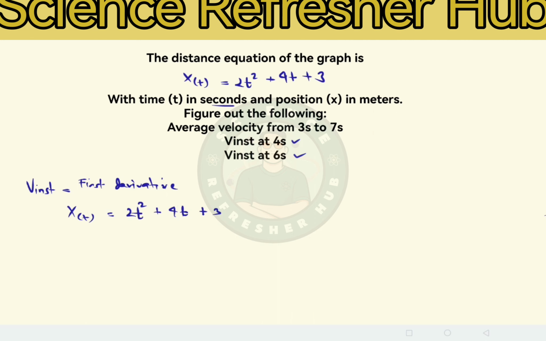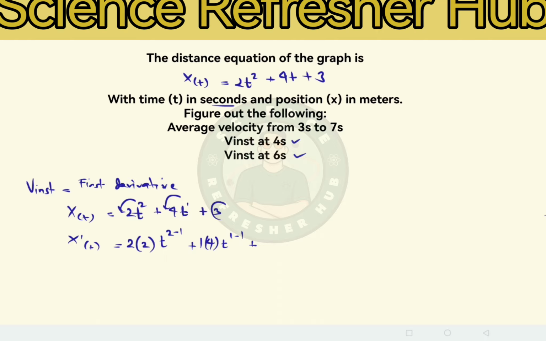Don't be confused, this is t. So x prime of t is equal to, put 2 here and then multiplied by 2, and then the time is t to the 2 minus 1, plus 4. It's understood we have 1 here, so put 1 over here beside 4, and don't forget you will multiply it.